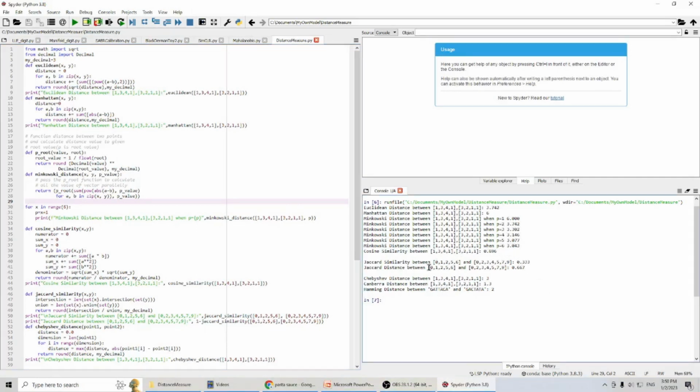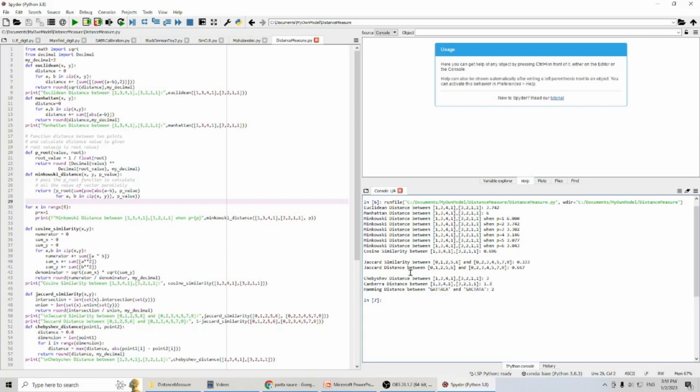As I mentioned before, cosine similarity only cares about the direction of the vectors. It doesn't care about the magnitude of the vectors. In this example, the cosine similarity between our 4-dimension vectors is 0.696.